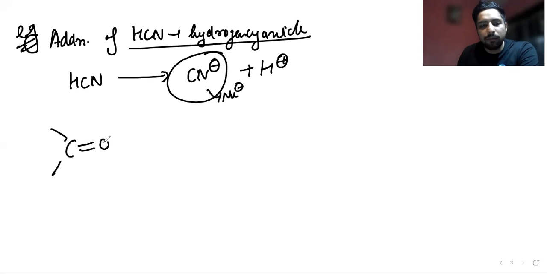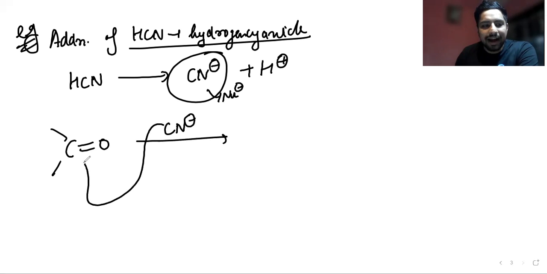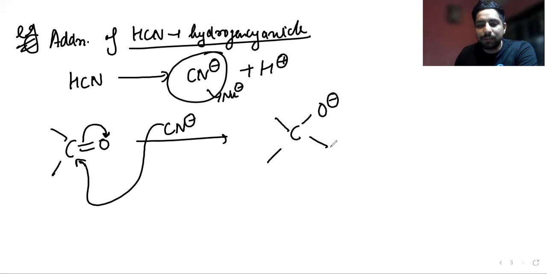Now, C double bond O. This CN negative will attack on the carbon. When it attacks the carbon, the carbon goes from sp2 to sp3; its hybridization goes from sp2 to sp3. Here it was sp2 hybridized, and over here it is sp3 hybridized.